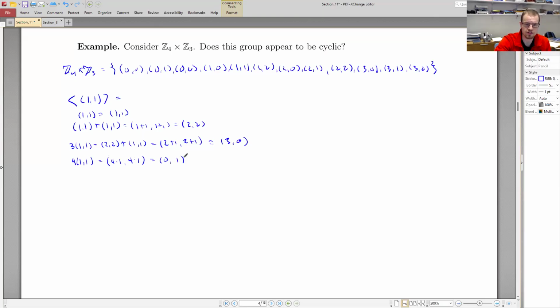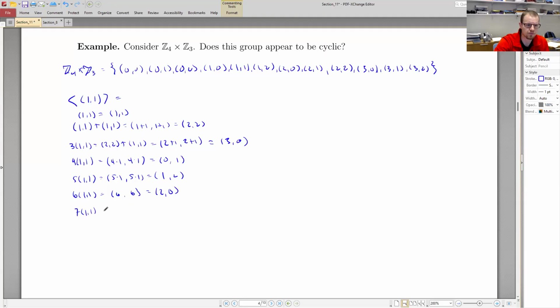In the case of the second, that brings us back to 1. 5 times (1,1) is going to give us 5 times 1, 5 times 1. 5 modulo 4 is 1. 5 modulo 3 is 2. 6 times (1,1) is (6,6). Okay, so I'm just abbreviating the notations now. But 6 modulo 4 is 2. 6 modulo 3 is 0.